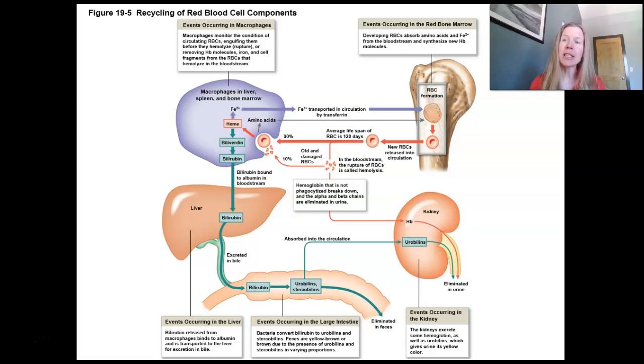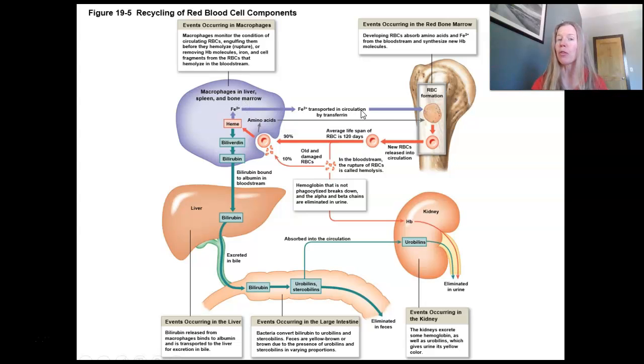Okay, last thing on red blood cells, keeping in mind that they do get recycled. You want those important proteins, those important iron molecules to get recycled. And so here we see a red blood cell that lives for about 120 days, basically being engulfed by a macrophage in the liver, spleen, or bone marrow.